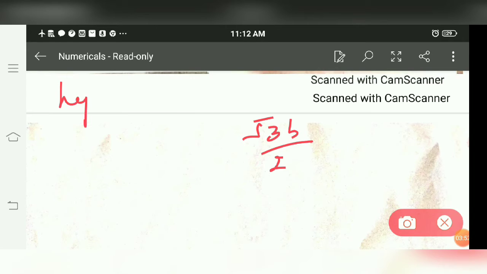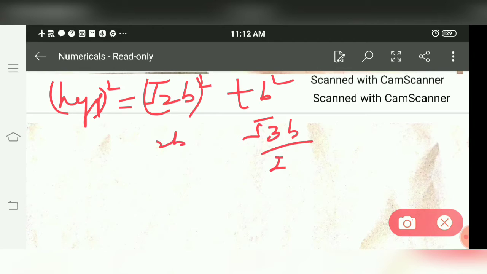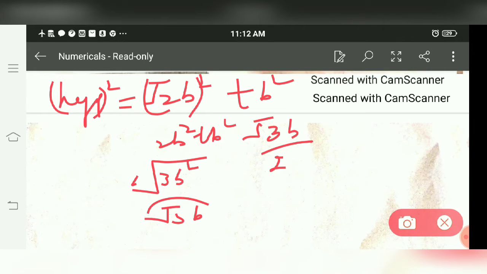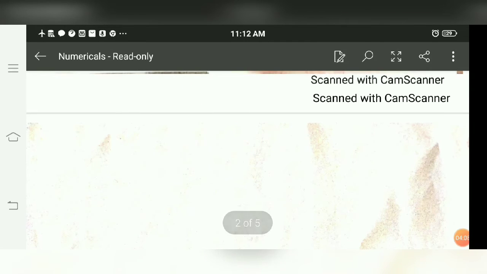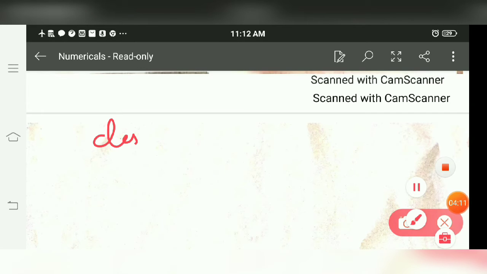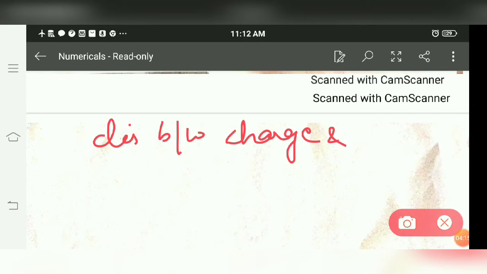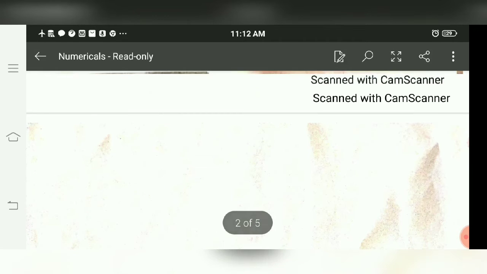The hypotenuse squared equals under root 2 b whole squared plus b squared, which is 2b squared plus b squared, equal to 3b squared. For the hypotenuse, we take the root: under root 3 b. But the distance between the charge and center O is half of the diagonal, under root 3 b divided by 2.